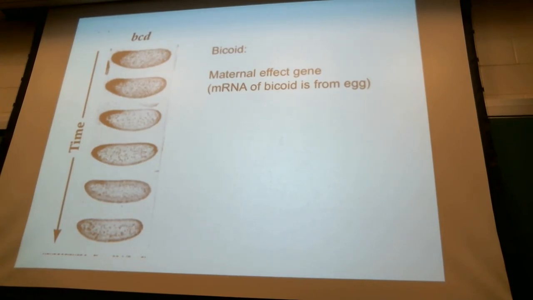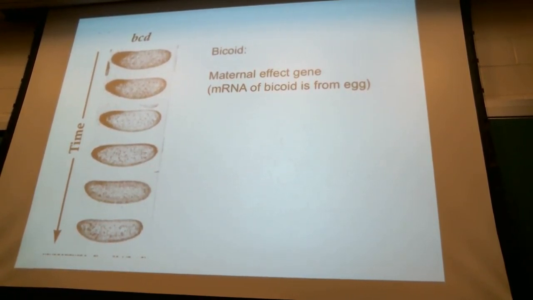For example, bicoid. It has a strong gradient from anterior to posterior. Messenger RNA of bicoid actually comes from the egg. So it already has this messenger RNA even before fertilization. So we call it a maternal effect gene.